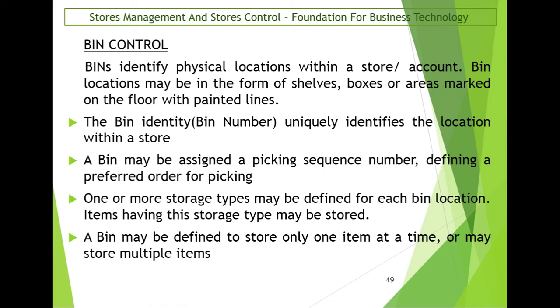You can have a shelf that can probably keep only one computer or one computer screen. And then you have a box which can keep 500 nuts and bolts. So for each bin location, you identify whether it's a single item or a multiple item bin location.